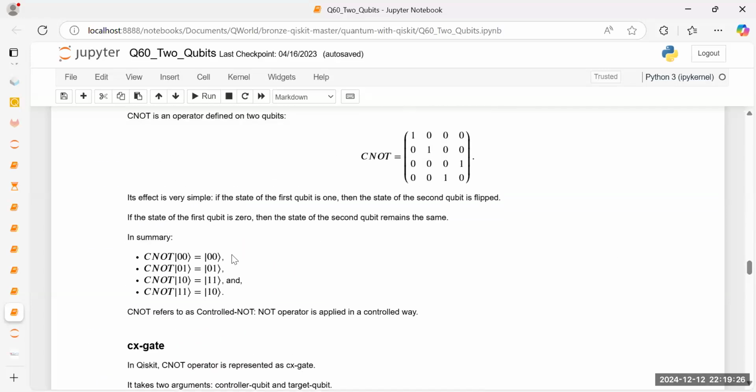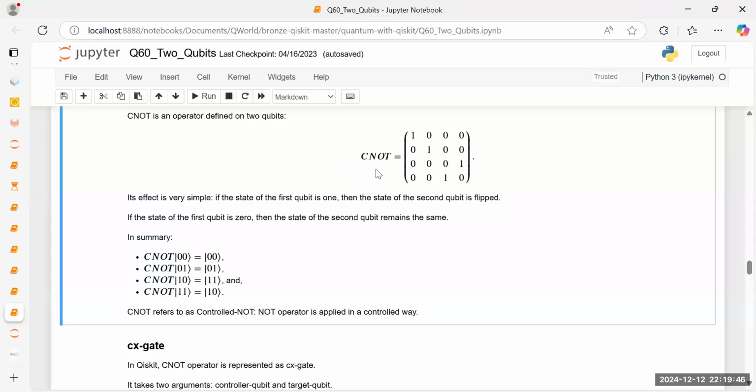Okay, then here we came across the CNOT operator. We've already seen the CNOT operator a few times, but I'll still explain it once more. The CNOT operator is a 2-qubit operator.